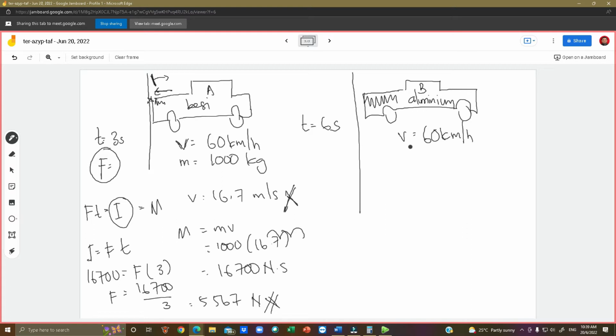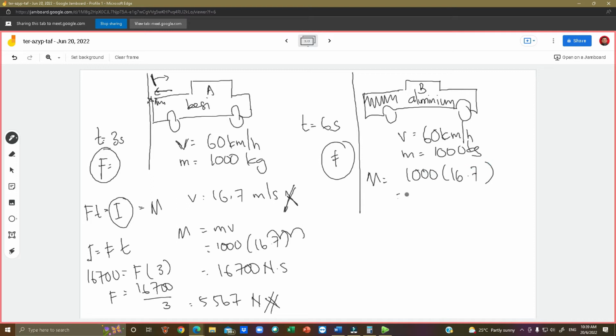So the question is, if this car is similar in terms of mass, so how much force being inflicted towards the passenger of the car? Benda yang sama. So we find out mass momentum dia dulu. Equals to 1000 times 16.7.